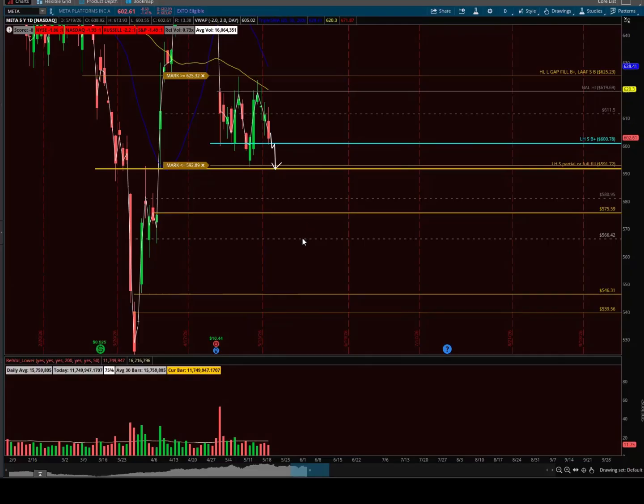Targets top of the gap. If, alternatively, we break this level, but come back in with a higher low back above, I think we rotate this bounce range right on back up to here, 617.